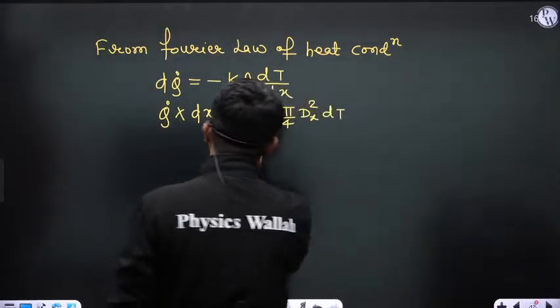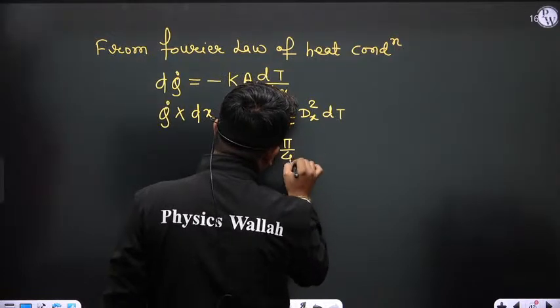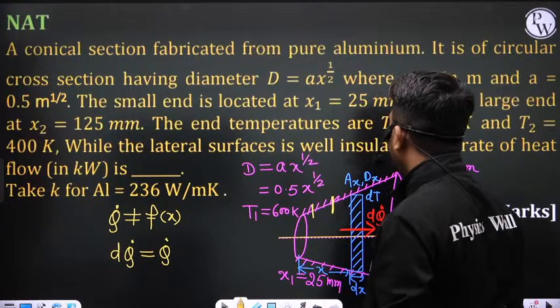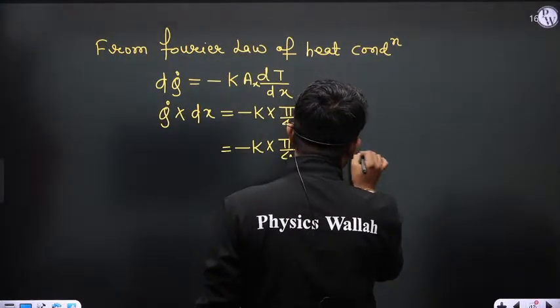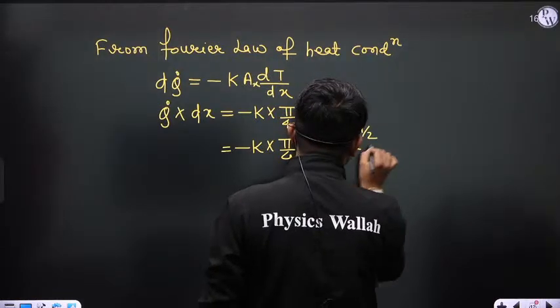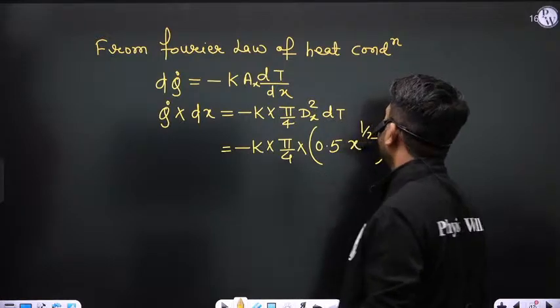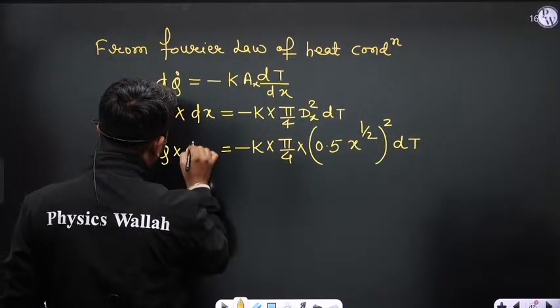So you can say this is minus k into pi by 4 into (0.5 x to the power 1 by 2) square dT, and this is q dot into dx.